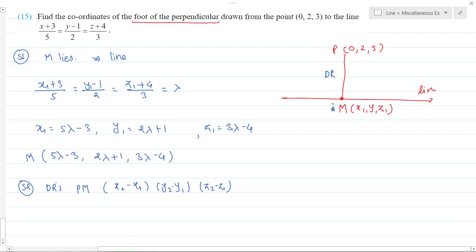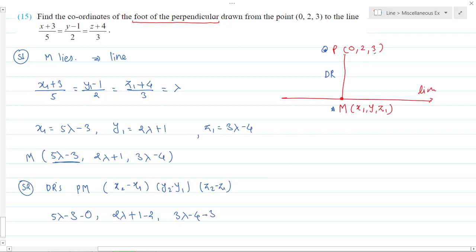So the first is x2 minus x1: 5 lambda minus 3 minus 0, since x1 is 0. Then y: 2 lambda plus 1 minus 2, and then 3 lambda minus 4 minus 3.